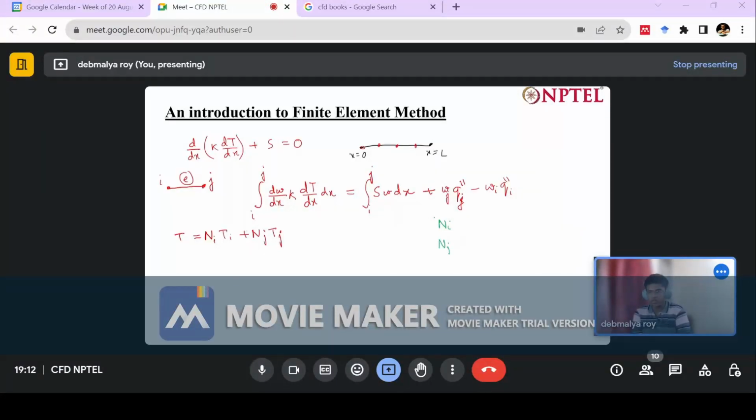the interpolation functions. We take this Ni and Nj as a matrix, and let's say this is N transpose.